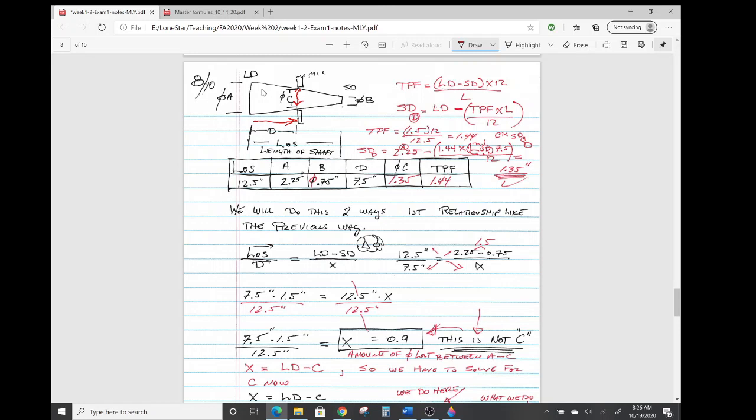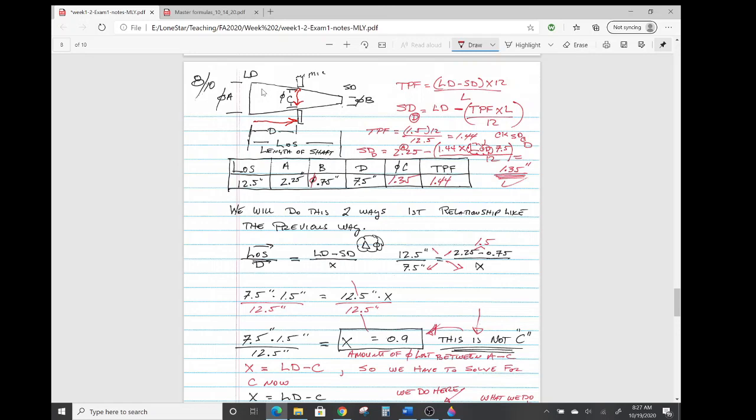Now we're going to do this in two ways. The first is the relationship, like in the previous taper. So we have the length of the shaft, and we have a length at D, right? Okay. We have a large diameter minus the small diameter.